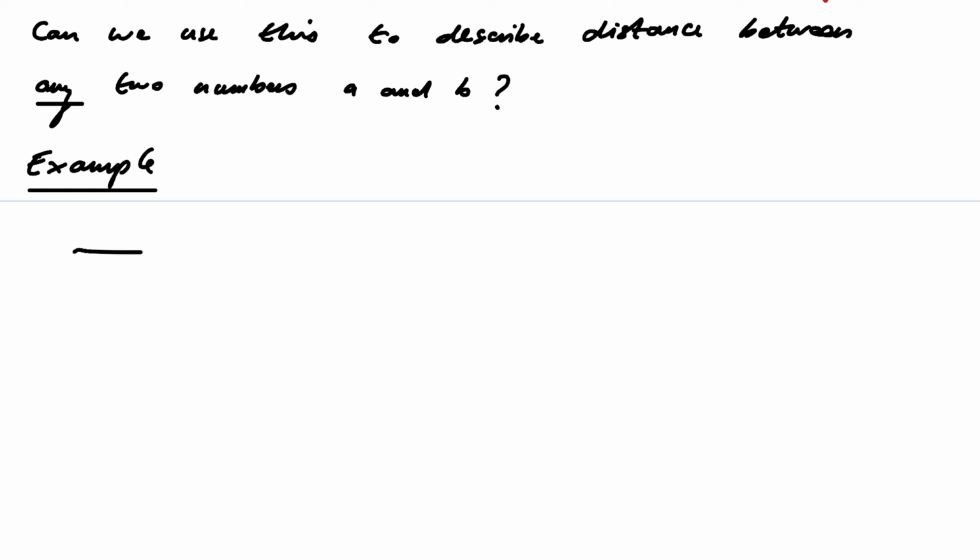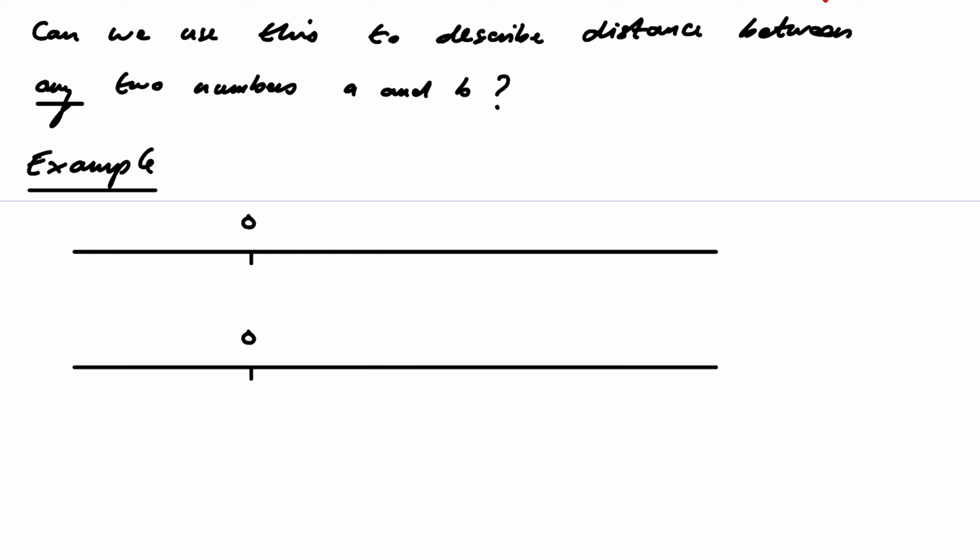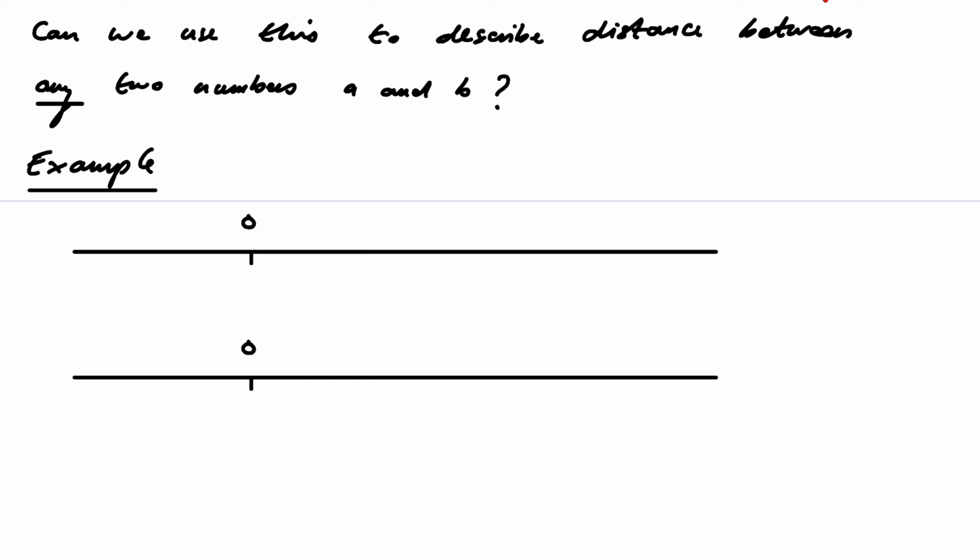So let's take, for a second, let's do something really straightforward. Let's put 0 here. So I'm going to have 2 copies of this, so let me copy it down below. You'll see what I'm doing in a second. And let's think about the numbers 3 and 7, shall we?